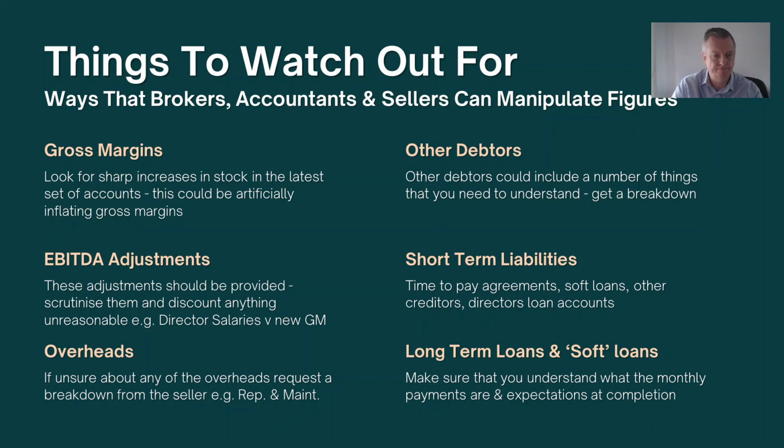There could be other areas that we really need to get a good understanding of. I'm also looking to see what long-term loans there are in the business, because again, that could impact my ability to raise any finance if I need to. So these are all key areas. There are other areas, but these are the key 6 areas I would say that I'm mindful of when I start to analyse a set of accounts.